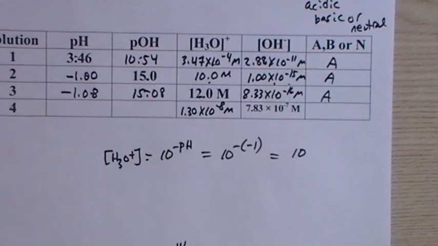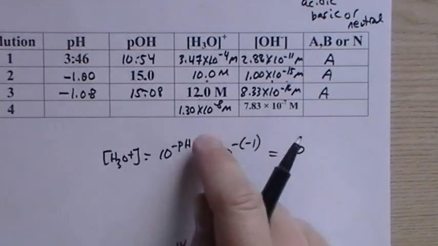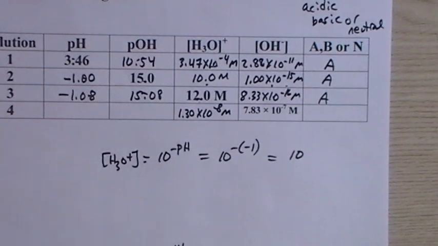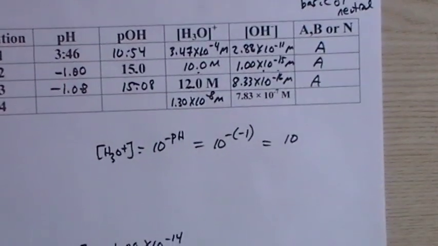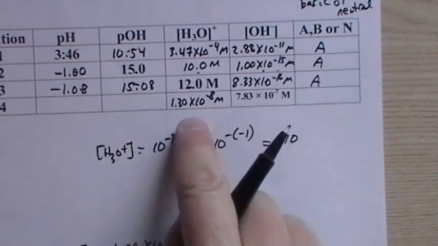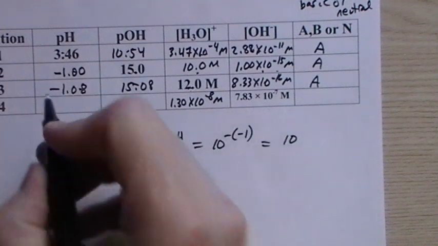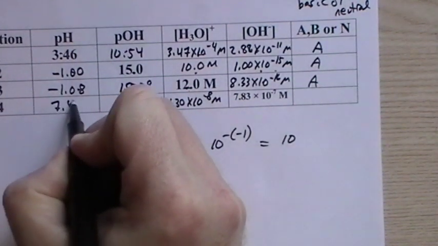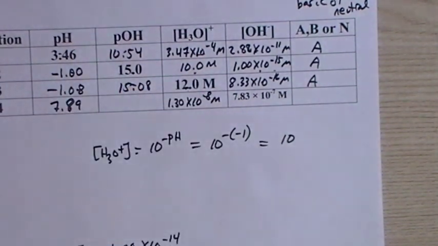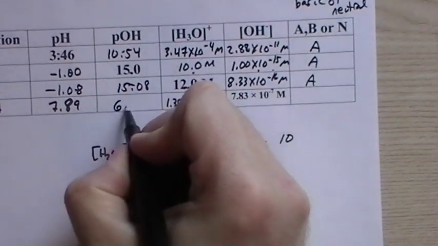And as a check, multiply the two answers that you have, and I get about 1 times 10 to the minus 14. It looks like when I rounded that I went off a little bit, but it's 1 times 10 to the minus 14, good. And then I take the log of 1.3 times 10 to the minus 8, so it would be 7.89 here, and then I'd subtract that from 14 to get our answer here, 6.11.